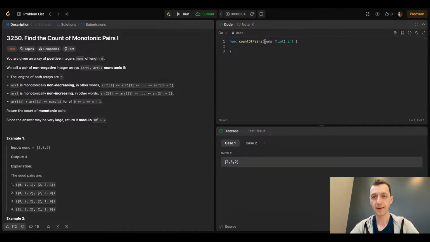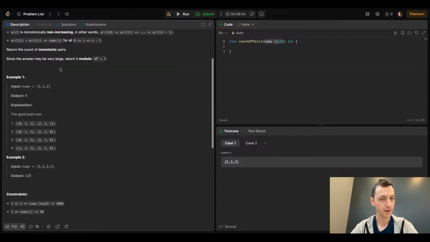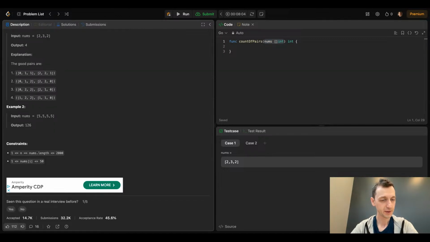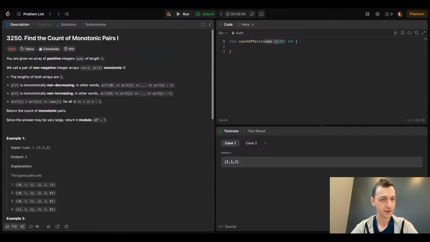At least what I like, there's just one argument coming into the function, count of pairs. So not 100, that's good news. And the description is almost 1 page, like 5, 6 lines.